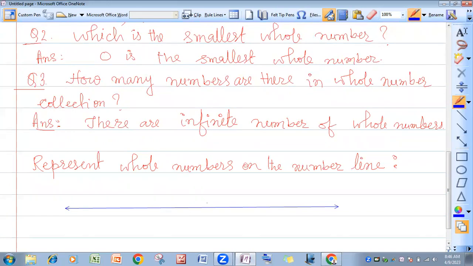Then we will take a point 0, and we know that the right side of 0 is positive. So this is a line with equal length points. We will take the numbers; these equal length points represent one number each: 1, 2, 3, 4, 5, 6, 7, 8, 9, 10, 11, 12, 13, 14.